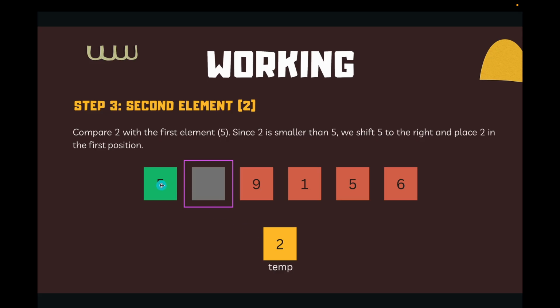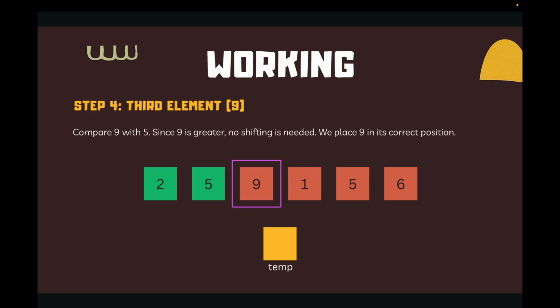So 5 will move to the right. Here we can see 5 has moved to the right, and then we don't have anything else to compare, so 2 will move here. Now we have two elements in the sorted part of the array, 2 and 5, and these we have not explored yet. So we will move forward.